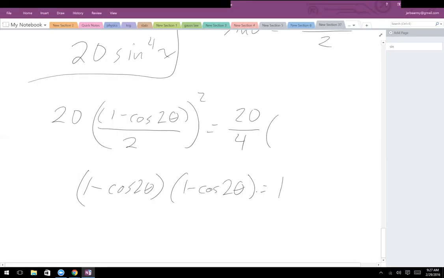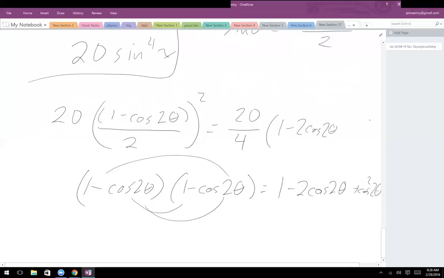I've got 1 minus cosine 2 theta minus cosine 2 theta, which is minus 2 cosine 2 theta, and then plus cosine squared 2 theta. So I've got 1 minus 2 cosine 2 theta plus cosine squared 2 theta.